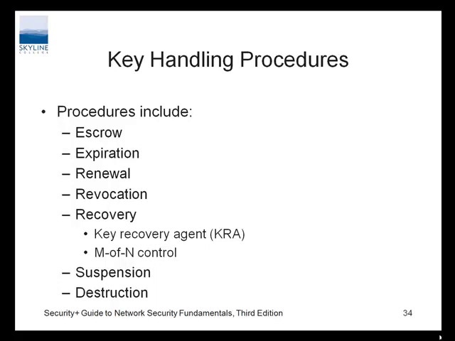Then suspension and destruction. I messed up one time when I got one of my certificates and asked how to fix it, and their answer was to ask them to revoke it and get a new one, because they don't really like to change much on these things. It kind of destroys the sequence as well as the validity of them. Once you get it issued, you can't really make a lot of changes to it.